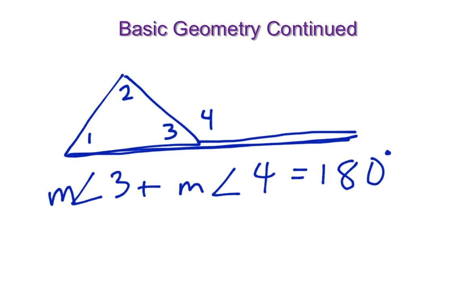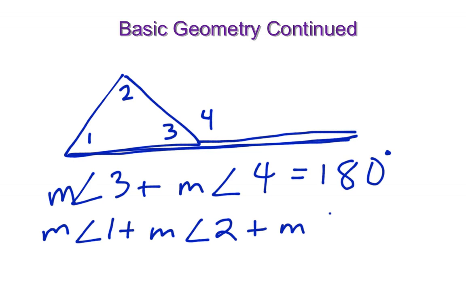So that straight angle there is going to get us a start point for the fact that we could also say the triangle sum theorem here tells me that the measure of angle 1 plus the measure of angle 2 plus the measure of angle 3 is also equal to 180 degrees.